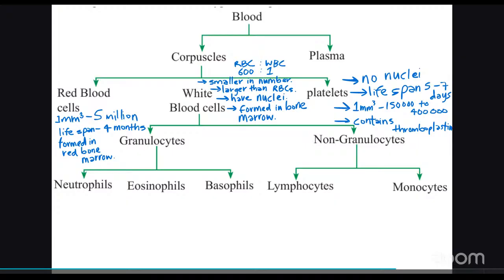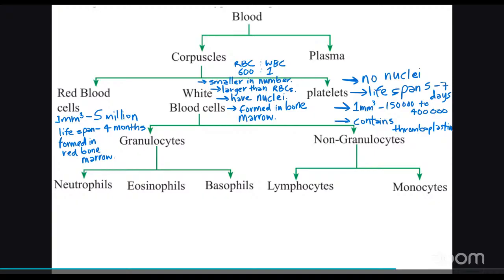Because you have the mitochondria, if you look at a cell, nucleus, mitochondria, it's going to be a mess. So the question is, why don't they have a nucleus? It's going to be a mess, and you will not have enough space to transport oxygen. Therefore, lack of nucleus makes the RBC more efficient in order to transport oxygen.